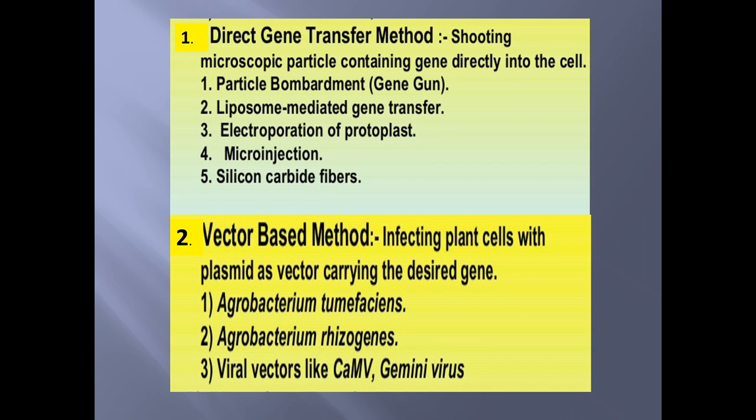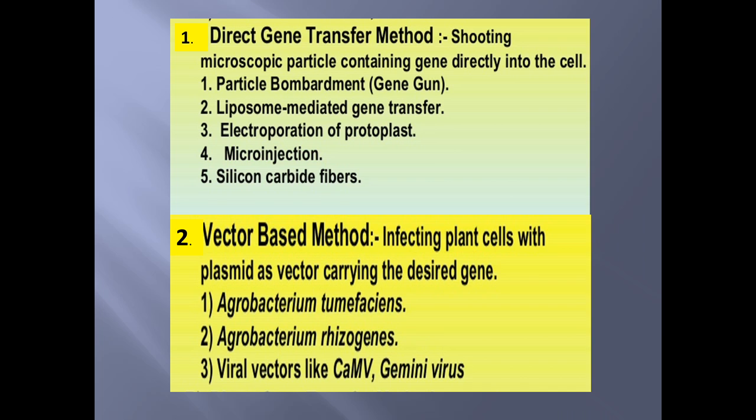The second method is liposome mediated gene transfer. The third method is electroporation of protoplast. Next is microinjection. The last one we are studying is silicon carbide fibers. So mainly by using these 5 important methods, the gene is directly transferred into the recipient or host cell.